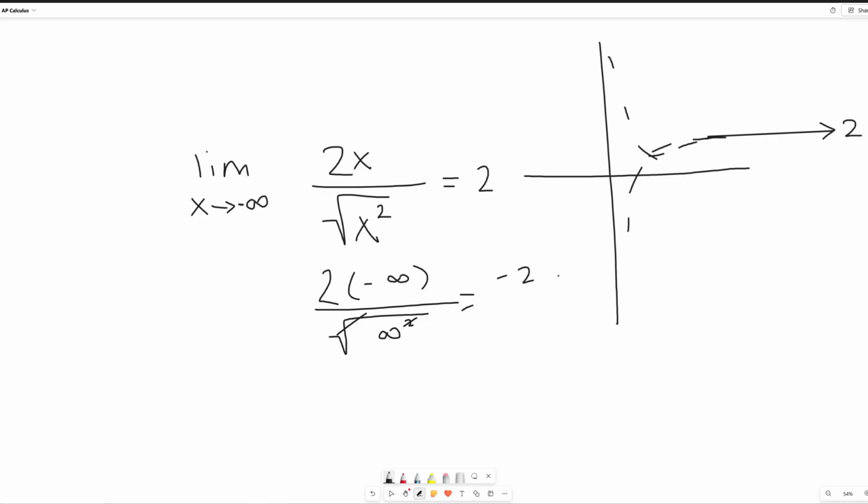So we have negative 2 times infinity over infinity. Now we see that it's negative 2. So the horizontal asymptote, as we go left infinitely, is going to be whatever graph, and then eventually it will settle on the value negative 2.